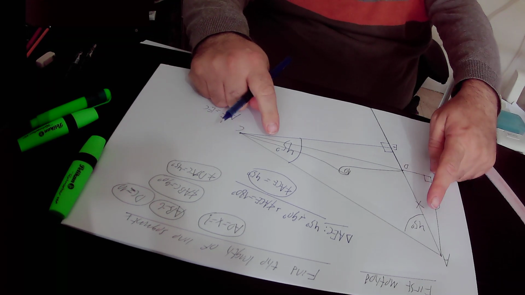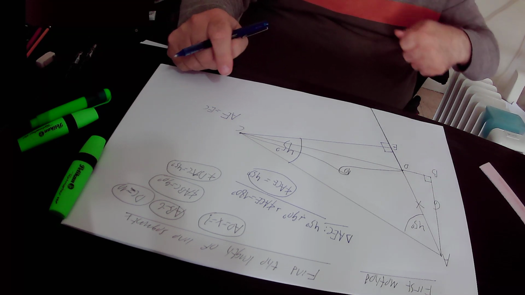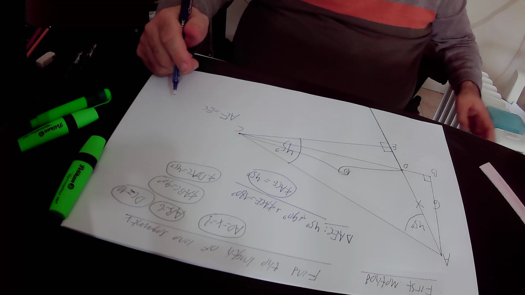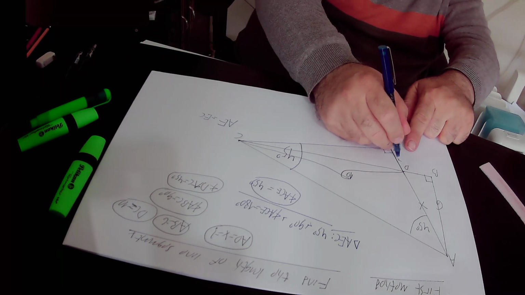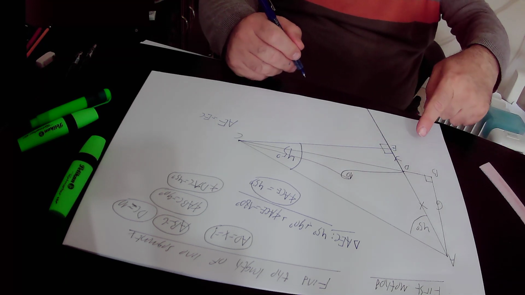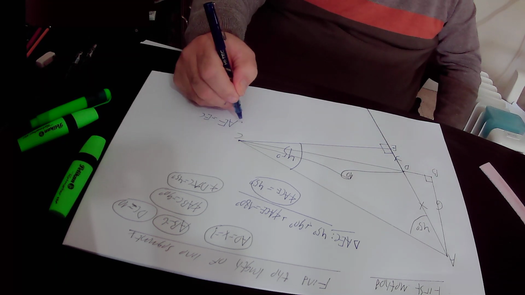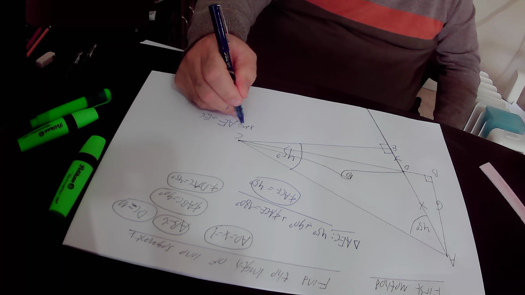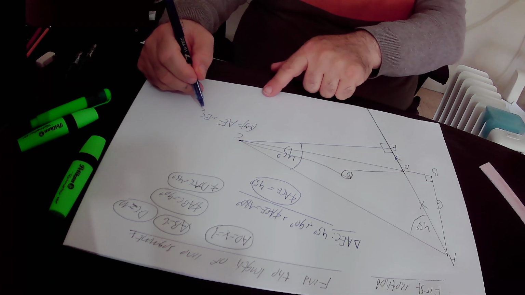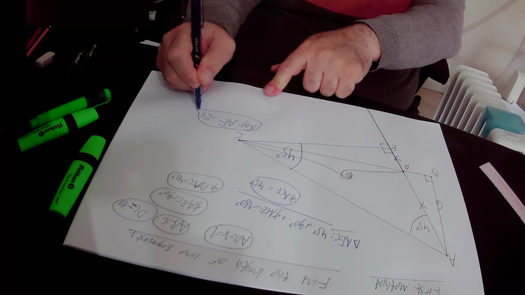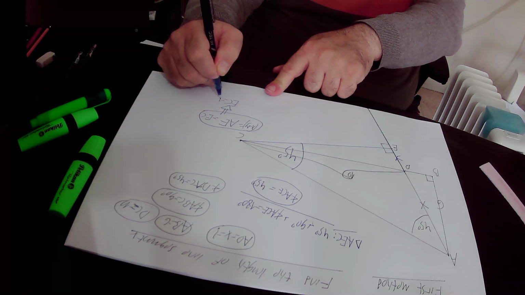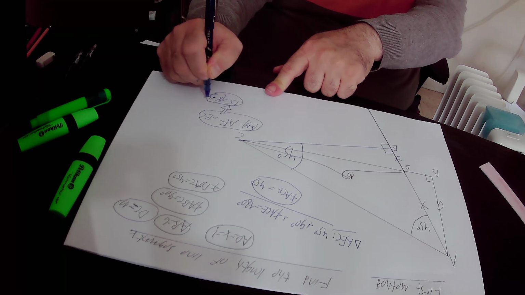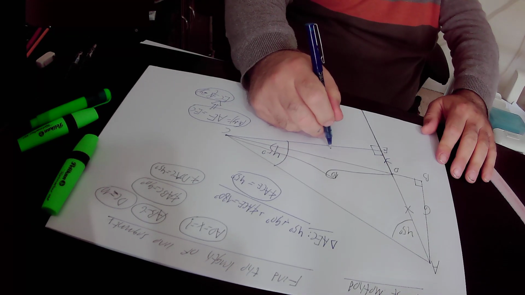Here we will define line segment DE as Y. So AE equals X plus Y. And from this equation, X plus Y equals AE equals EC, we derive that EC is also equal to X plus Y.